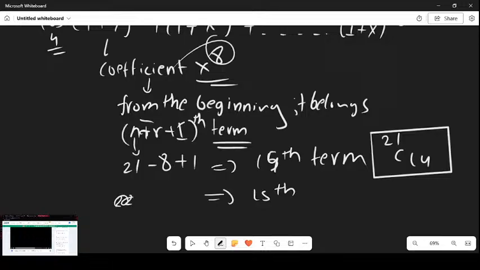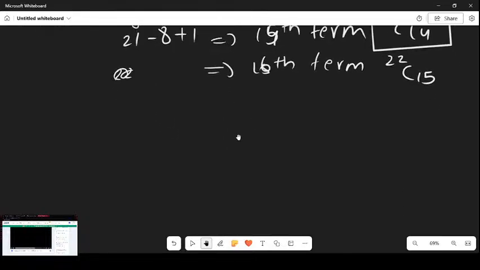Actually, this is 15. This is 16th term, which is number 22C15. And so on. If we keep on continuing, it will at a point be 30 minus 8 plus 1. We get it as 24.